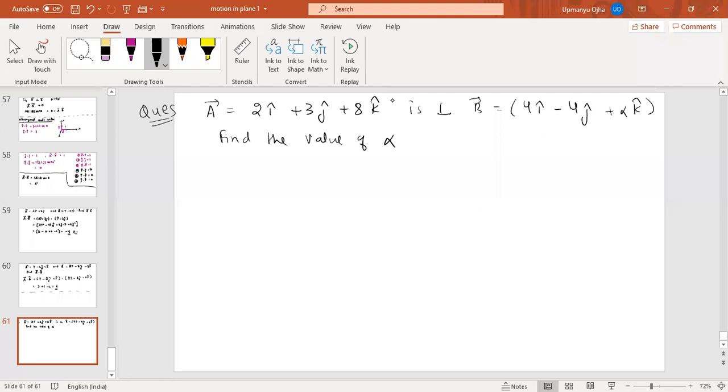So A vector is 2i cap plus 3j cap plus 8k cap. B vector is 4i cap minus 4j cap plus alpha k cap. Both are perpendicular, so you need to find the value of alpha. Can you get the answer for this?